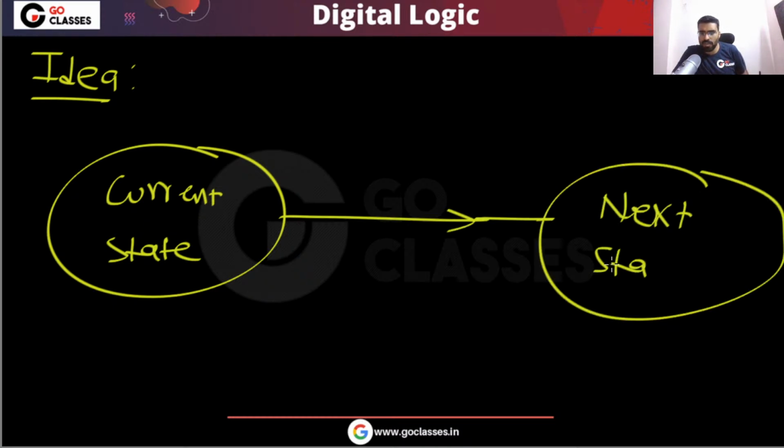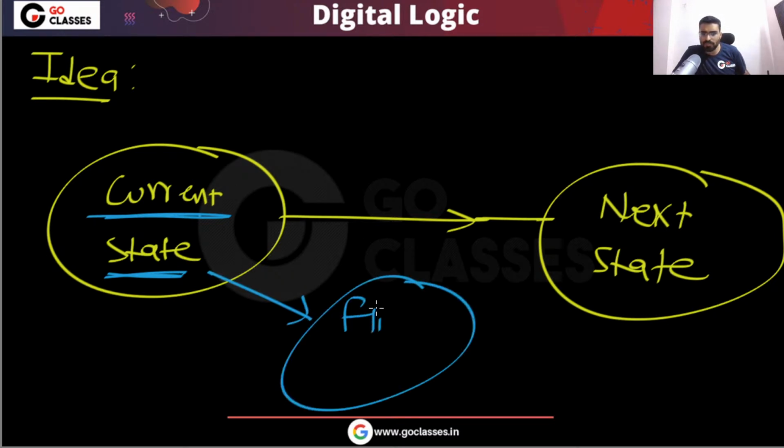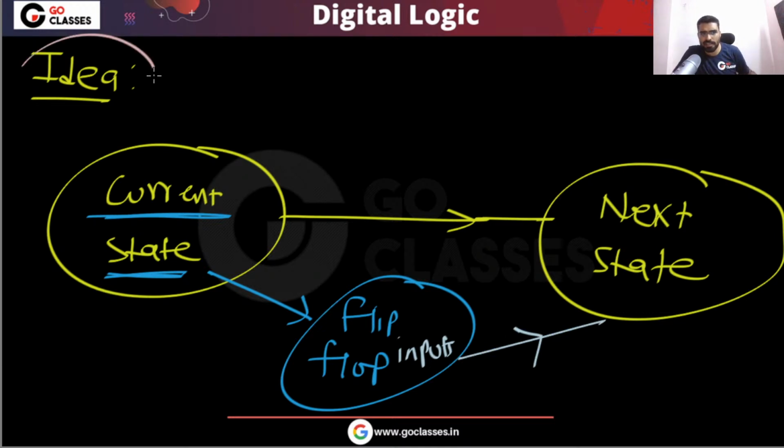For that, from the current state, first you will find out what the flip-flop inputs are. Then from that you can find the next state. I hope this idea is clear. So this is the idea of analysis of a synchronous sequential circuit.